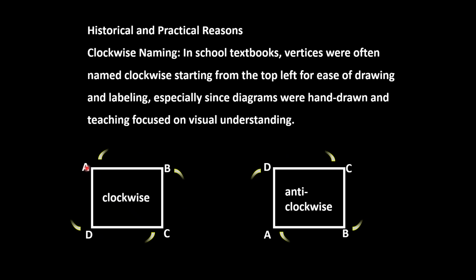The style was consistent with what we did normally, starting from the top left and from A to B moving towards the right. So that's the reason historically it was a very practical and pragmatic move to start from the top left and move clockwise.